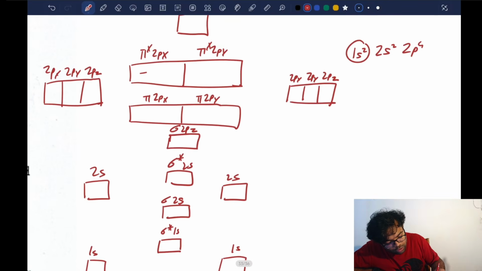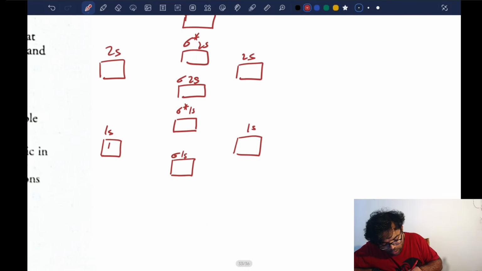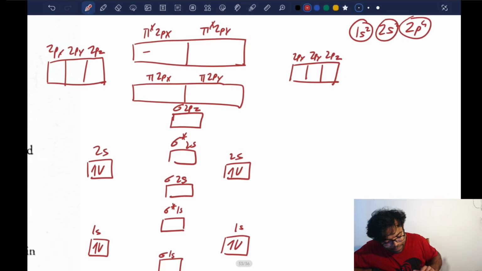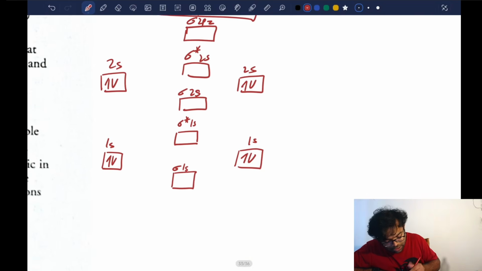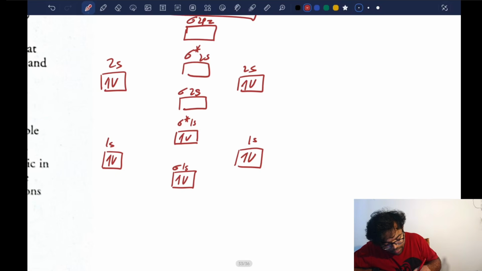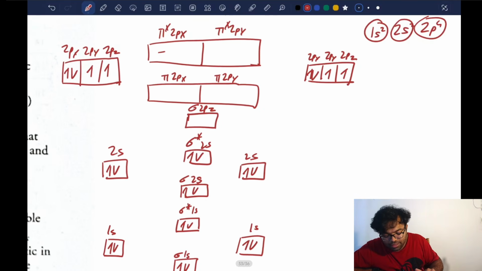So 2 electrons and 4 electrons. 2 electrons here, 2 here, 2 here, 2 here. Then you have 1, 2, 3 and 4 electrons. Now we have to arrange them. These 4 electrons go here, and now we have to distribute these 8 electrons.